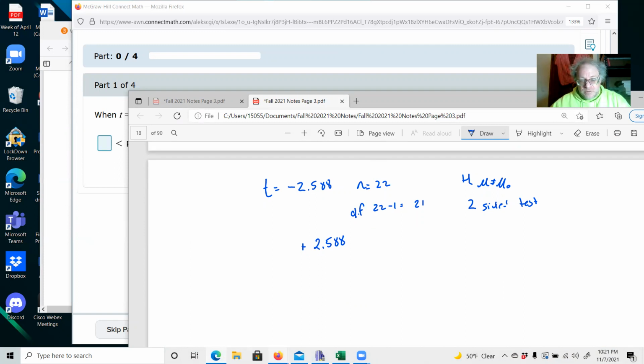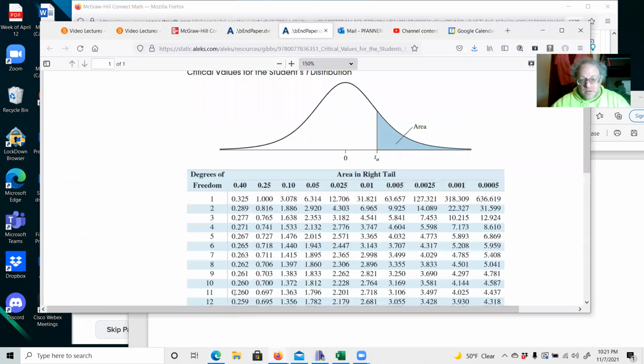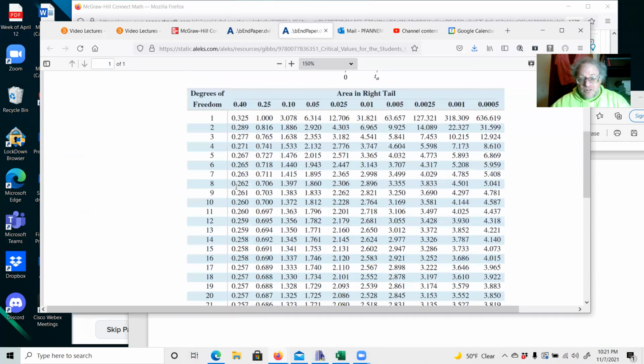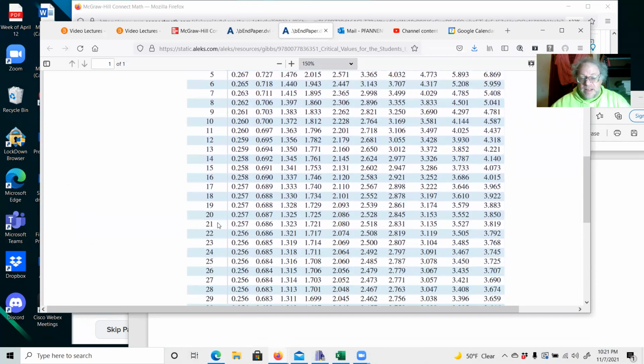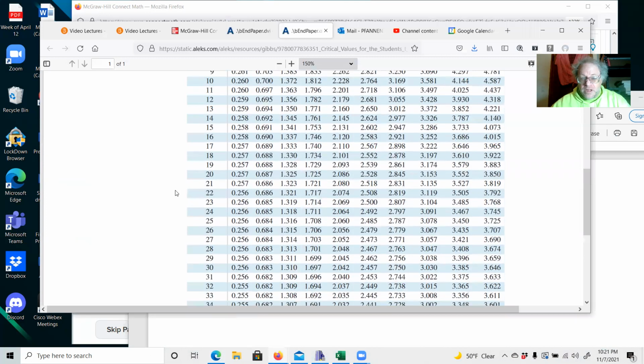So what are we going to do? We are going to go to our values here. The first thing you know is that we have 21 degrees of freedom. You are now locked into this row. You must use row 21 because that's how many degrees of freedom we have. That's what the curve says.